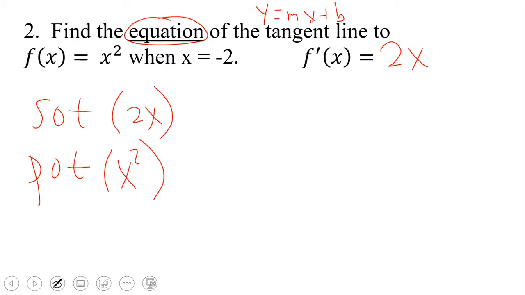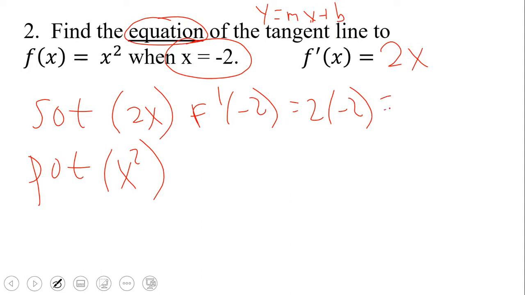So again, you need a point, which I call the point of tangency, that comes from the original, and the slope of the tangent line, which comes from the derivative. And the magic value for each of these is -2. So if you're going to find the slope of the tangent line at -2, you're going to find the value of the derivative at -2, which would be 2 times -2, which would give you a slope of -4.